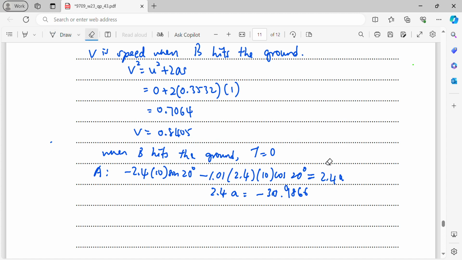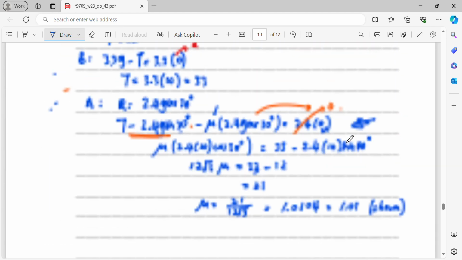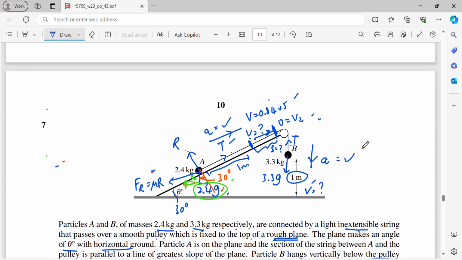So that's your calculation. Then your A is going to be negative 12.911. So that means without the tension, A becomes negative 12.911.